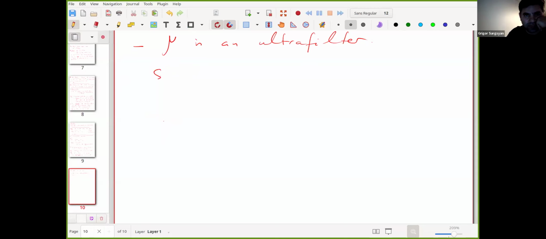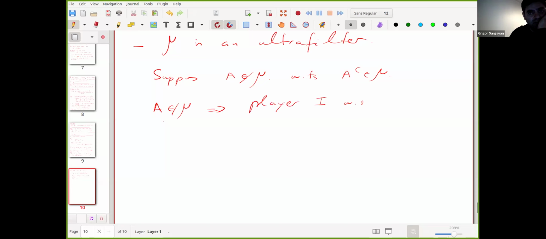Let's see. Suppose A is not in mu. We want to see that A complement is in mu. What does this mean? If A is not in mu, that means player 1 has the winning strategy, so player 1 wins G star A. We want to see that player two wins G star A complement.